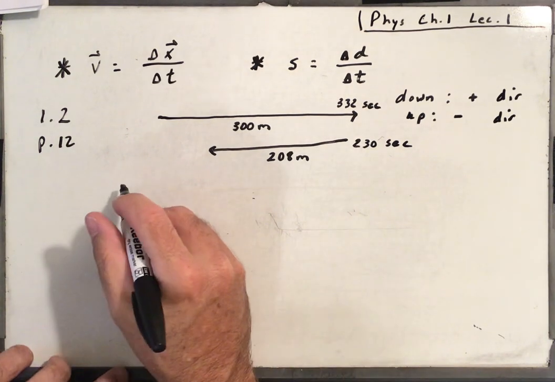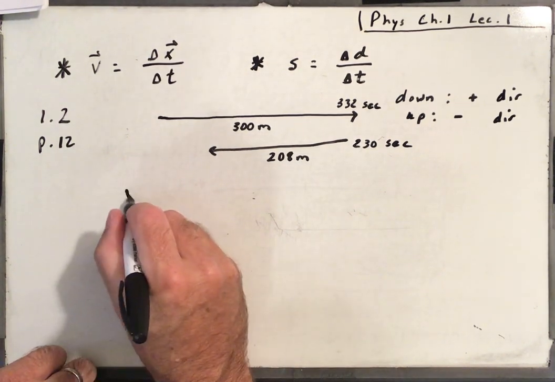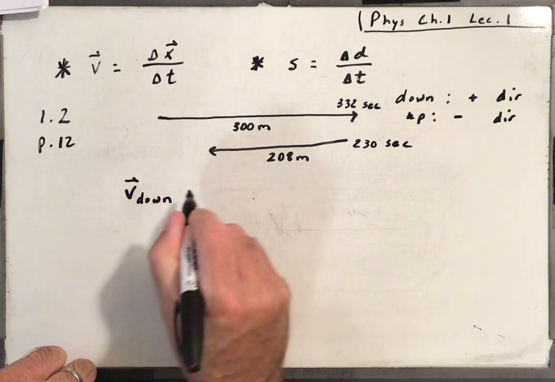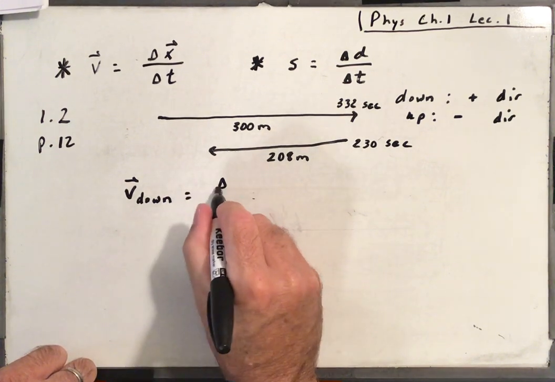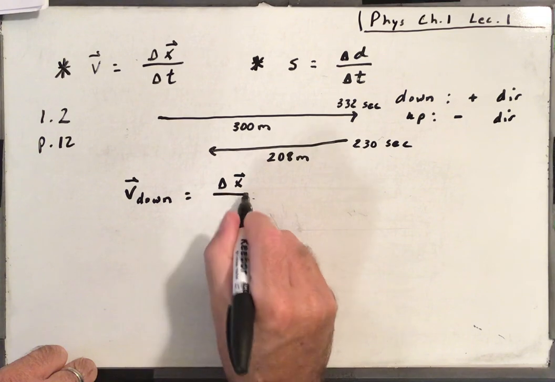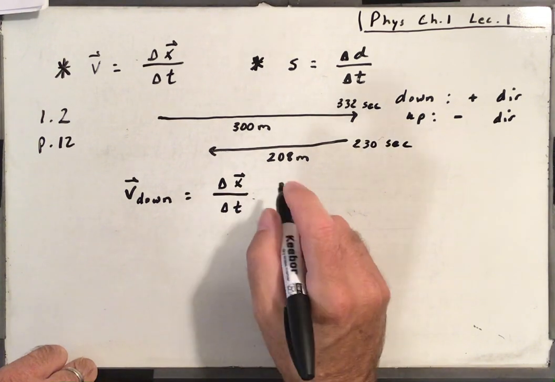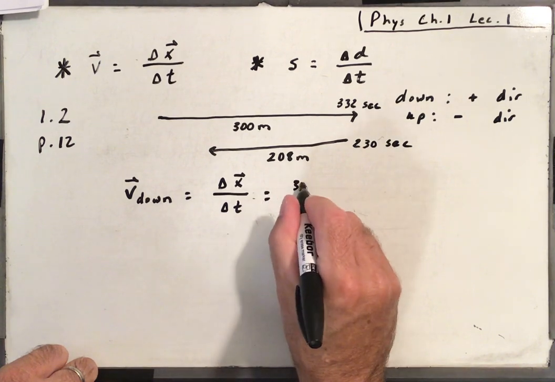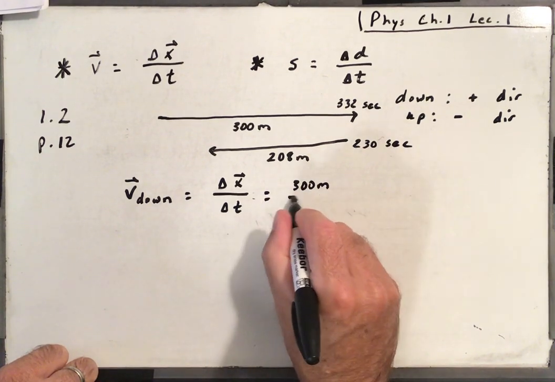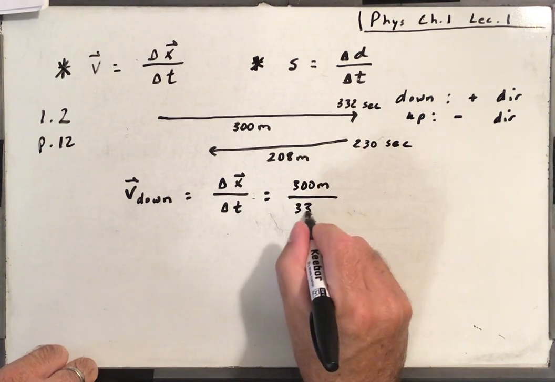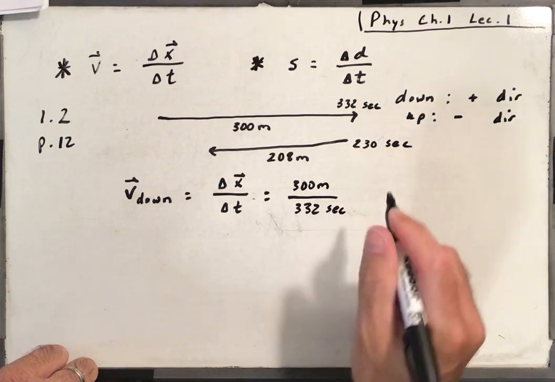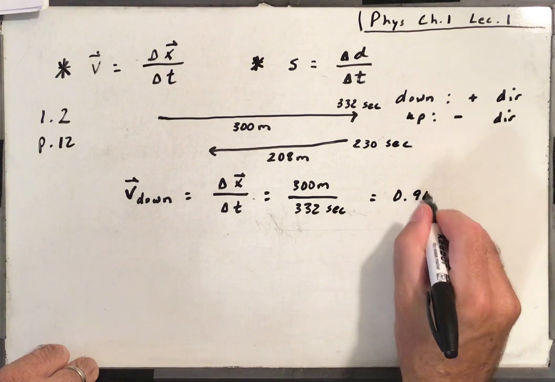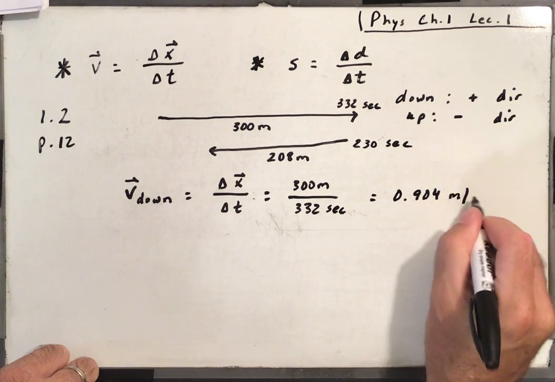Okay, so it asks, what is the velocity down the street? It's the change in displacement over the change in time. That's going to be 300 meters over 332 seconds, which is 0.904 meters per second.